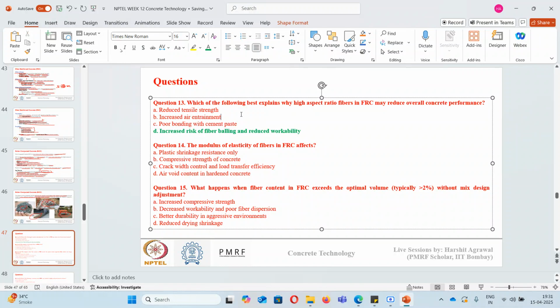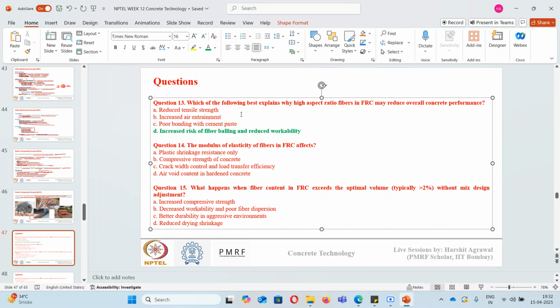That means we are using a very long and thin fiber. There can be entanglement between fibers, which will lead to poor dispersion of fiber, and this can affect the workability and result in a non-uniform matrix.